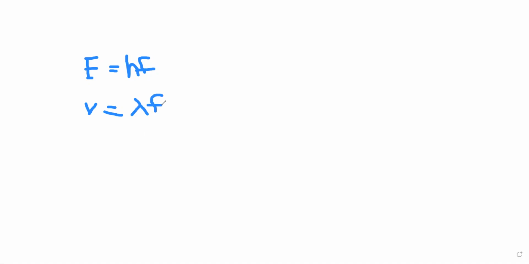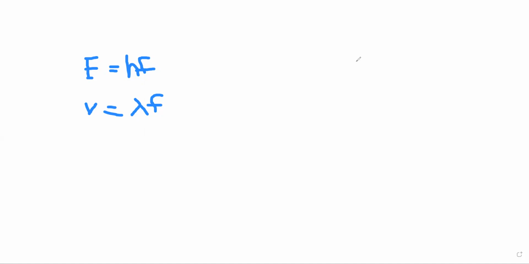So wavelength, this is the symbol for wavelength, this is the frequency, and this is the velocity. Take note when you are going to find the frequency, this one will be derived, and the velocity we're going to use will be the speed of light in a vacuum, which is given.